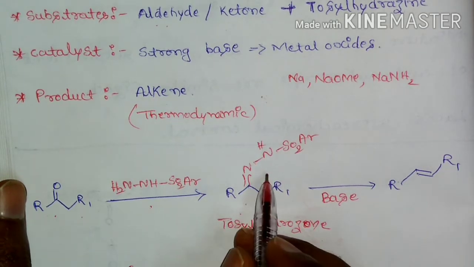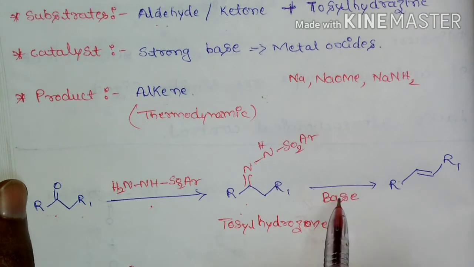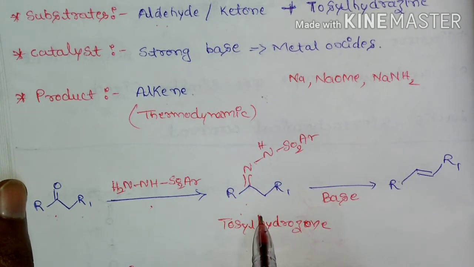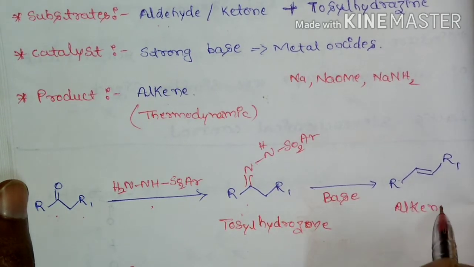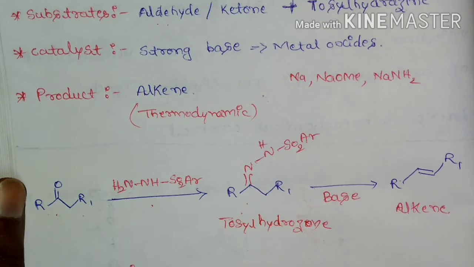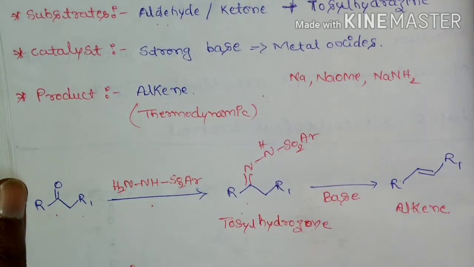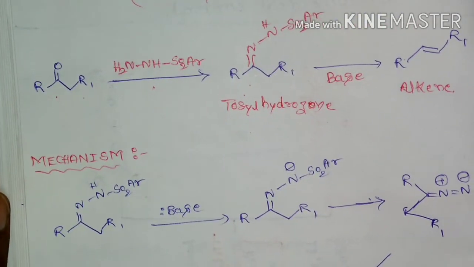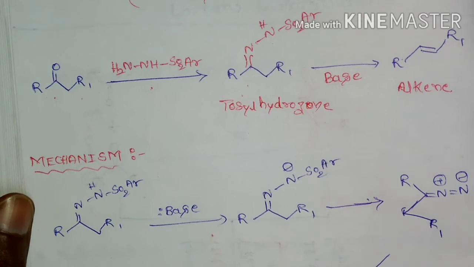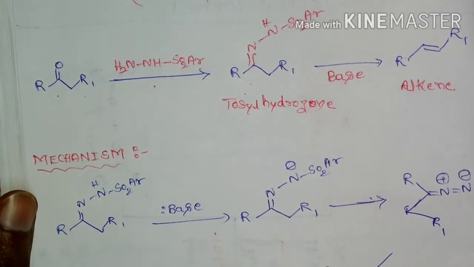This tosyl hydrazone, upon treatment with a base like metal alkoxides, will undergo decomposition to give alkene. So this is the general reaction of the Bamford-Stevens reaction. If we come to the mechanism, the Bamford-Stevens reaction proceeds as follows.